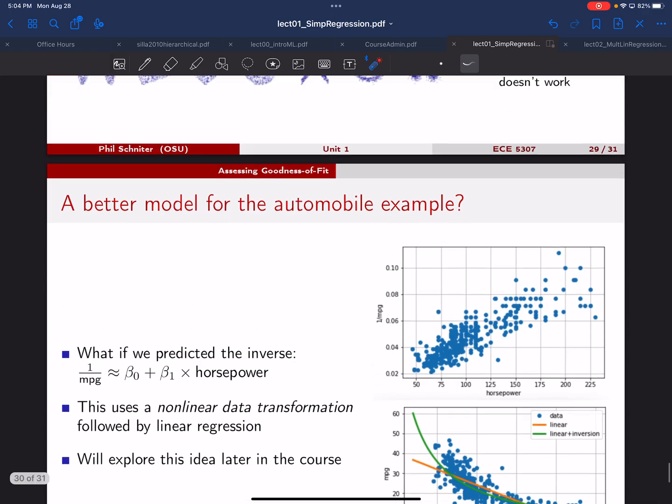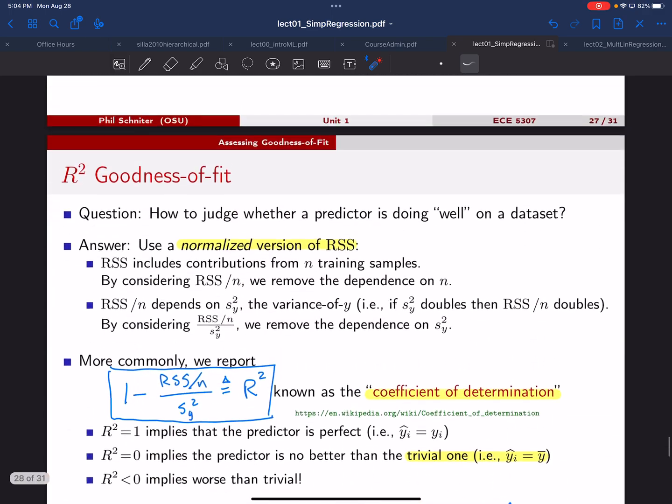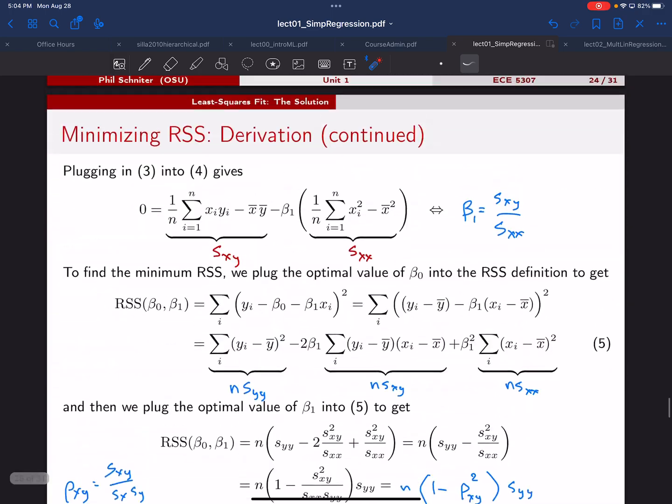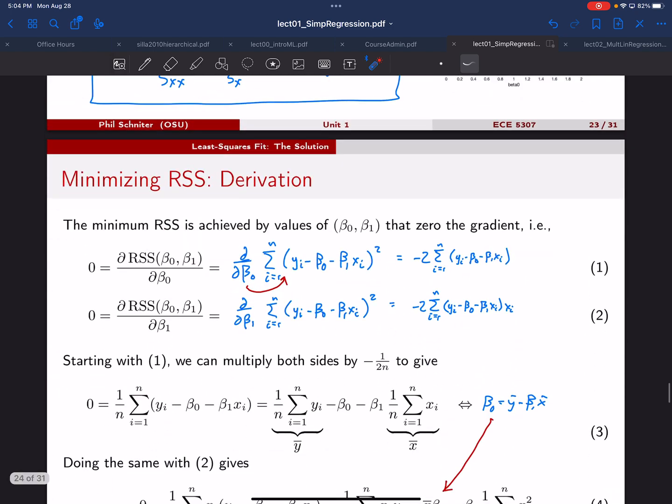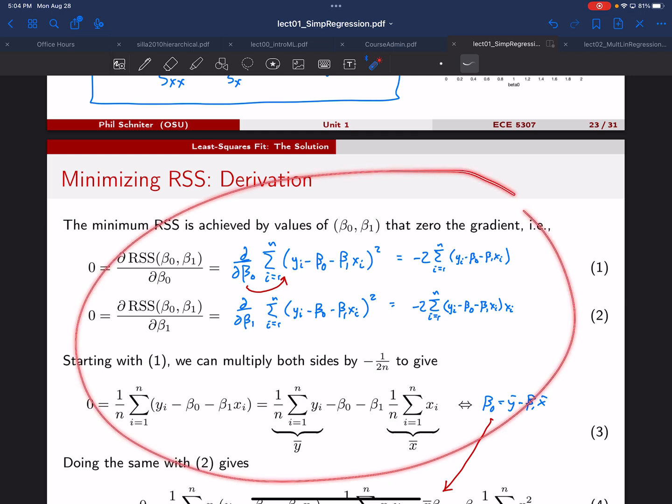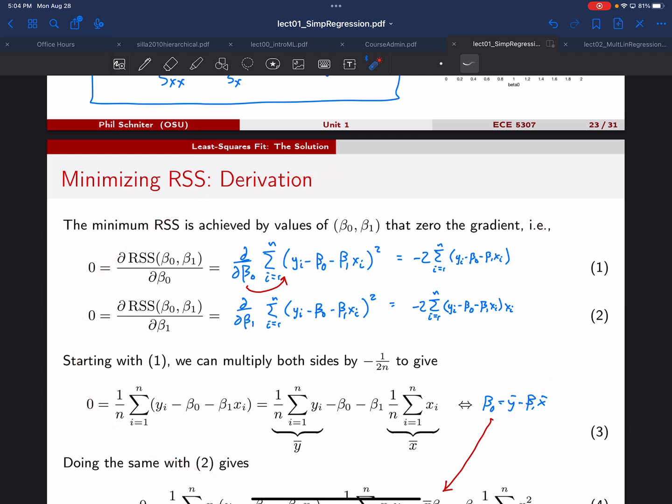There's another problem, which is just a small variation on some of the derivations we did here, where I said, what if you know that the beta 0 parameter equals 0, and now you have to derive the optimal beta 1. The intention is to go through this again and figure out from first principles the expressions for the optimal beta 1 alone.